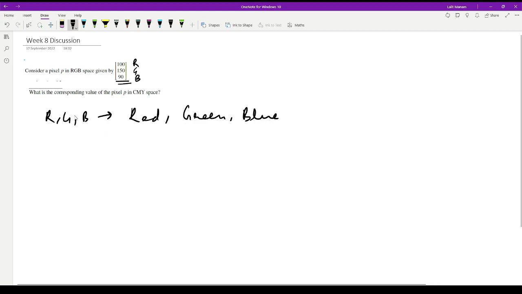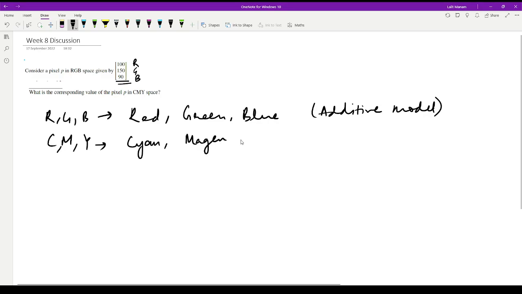White color. And what is the CMY model? Subtractive model, you said, right? Cyan, magenta, and yellow. But you said it's a subtractive model, so what are we subtracting here? Subtracting from the white color.